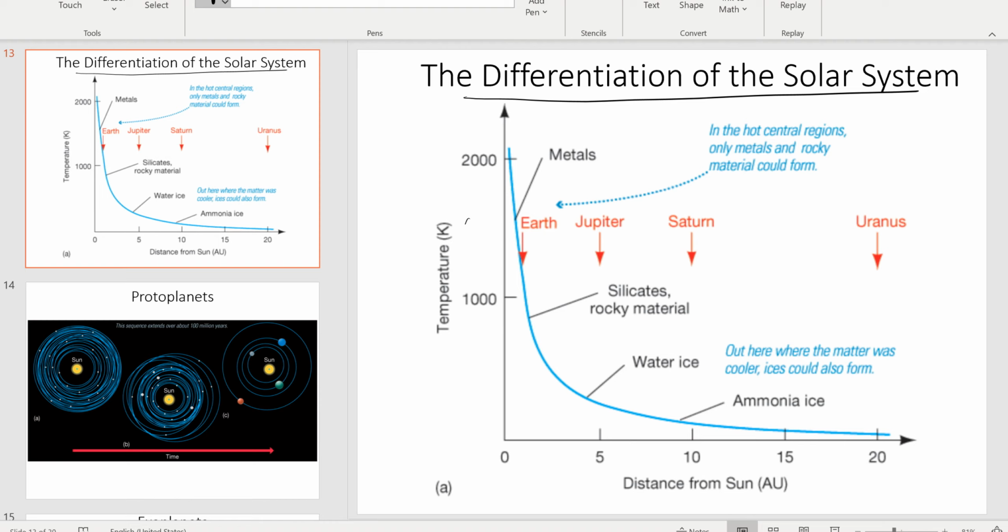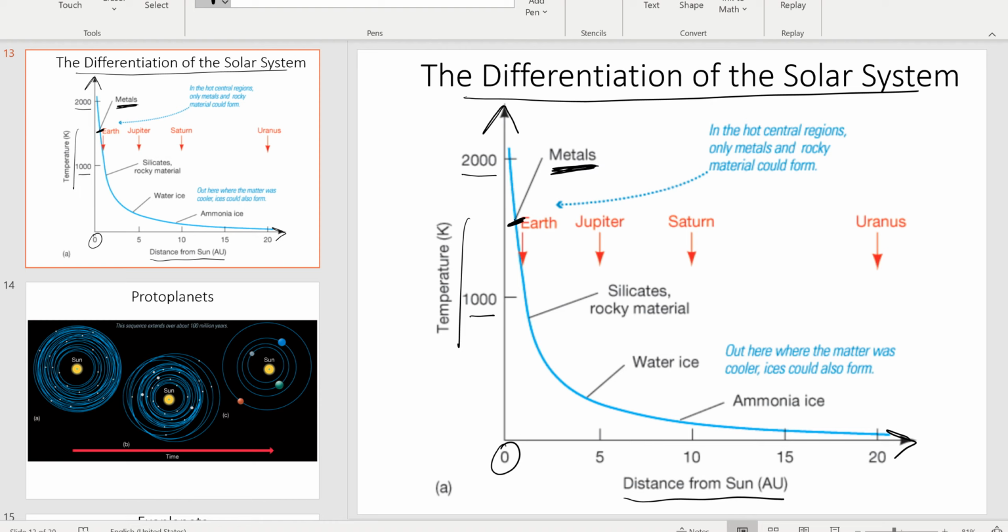This, along the vertical axis, is the temperature of the early solar system. And this is the distance from the sun, from the protostar. This would be the sun at 0. So you can see the temperature is very high. Near the sun, we have the rocky planets, namely metals, you would expect to form.